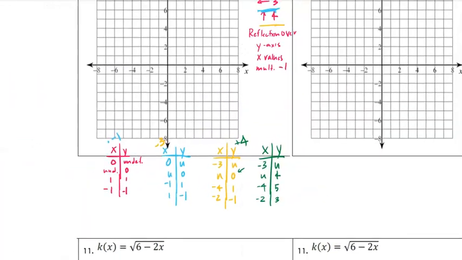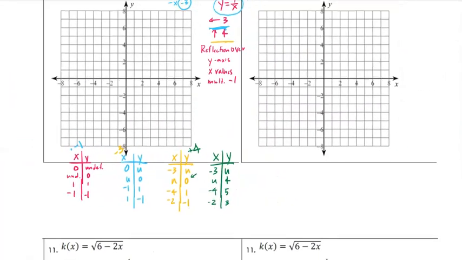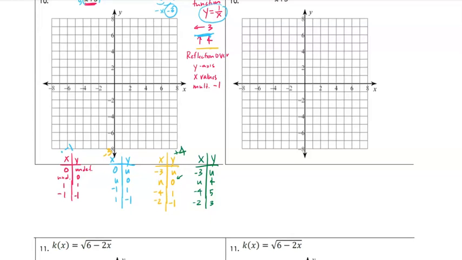So let's go ahead and identify my asymptote, which is going to now be here. And 4, which is going to be right here.